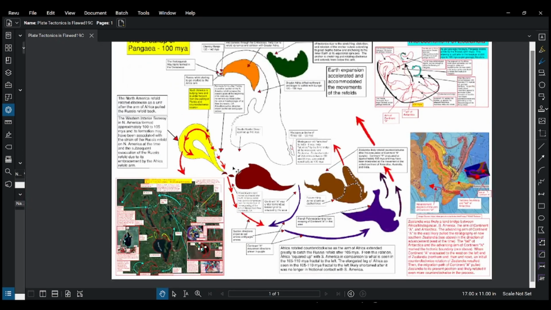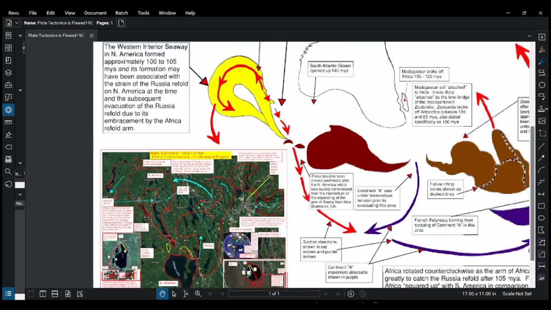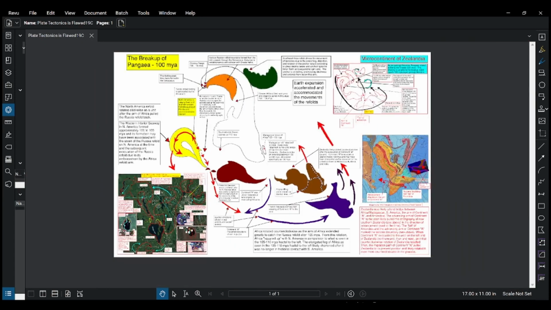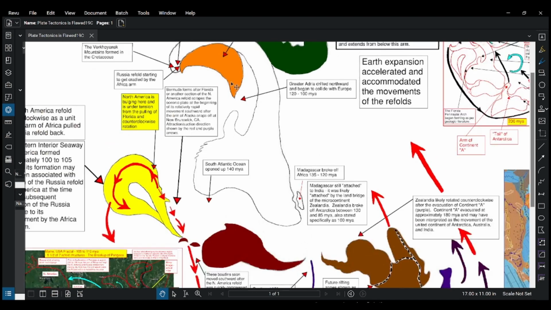That's what I was talking about before. I showed this fractal support again right here, that famous fractal in Maine. I talked about Zealandia and Greater Adria. Greater Adria developed over here. It's going to get crushed when the Russia refold comes down and crushes the arm, and causes that balancing act that I discussed that we have today.